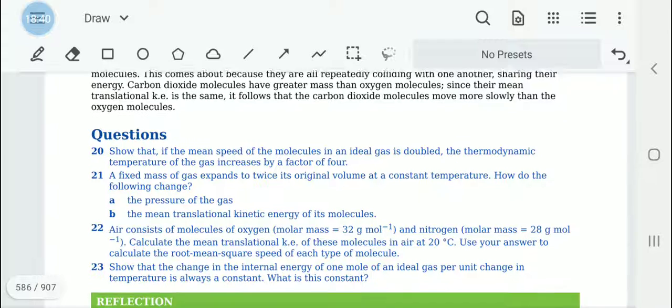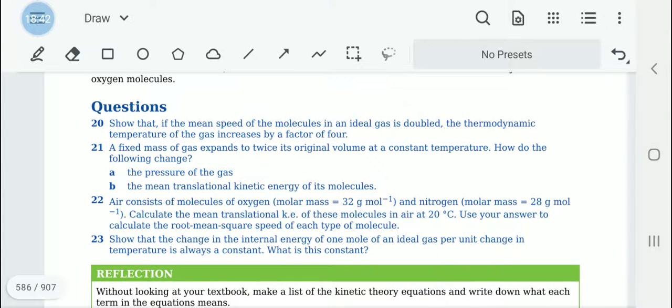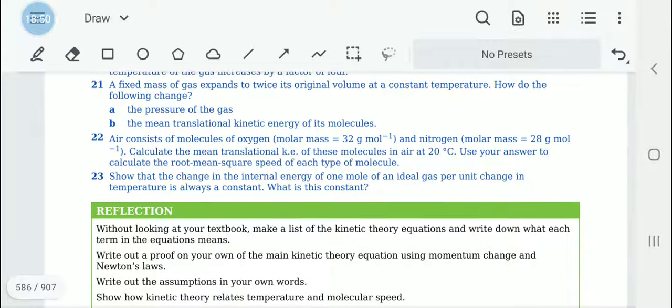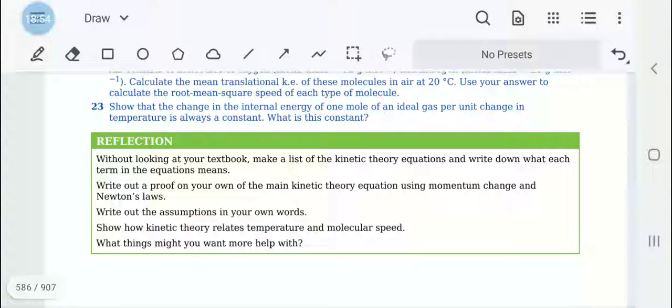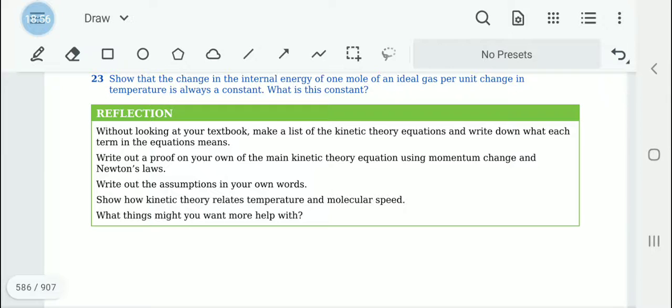If you have gone through all of the videos properly, you would be able to answer all of the questions in the chapter questions. And after we discuss the reflection part, you would be able to do the end of chapter questions. Now here they have told you to make a list of the kinetic theory equations and what each term would mean, and also the values.